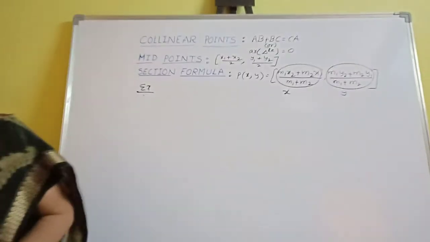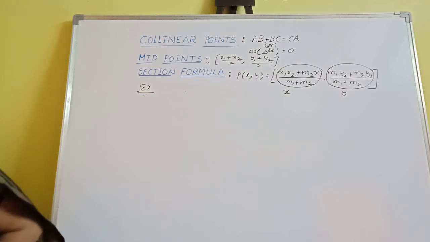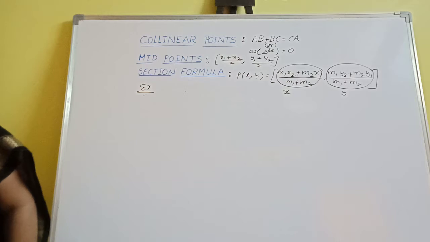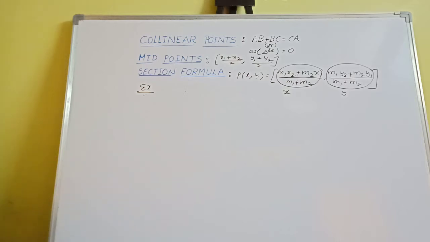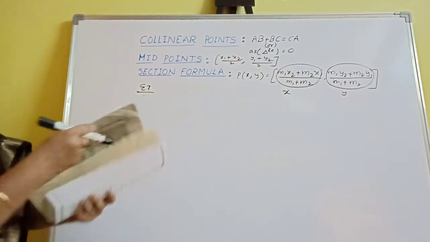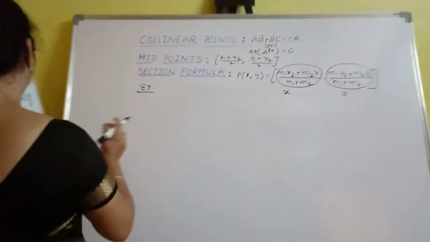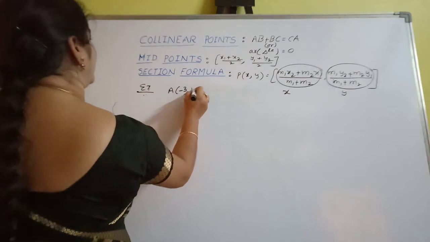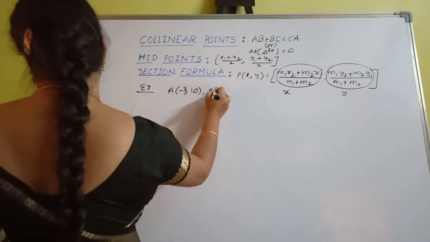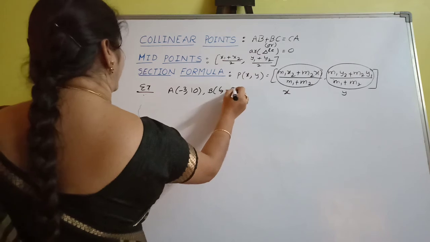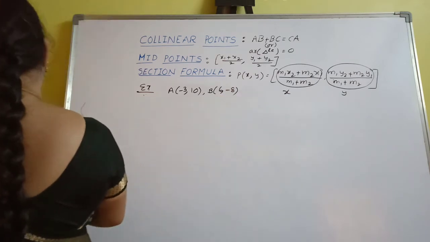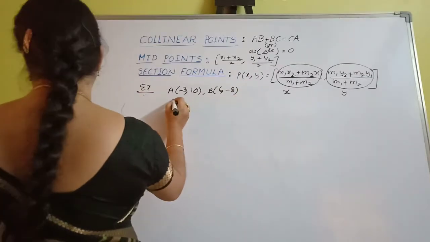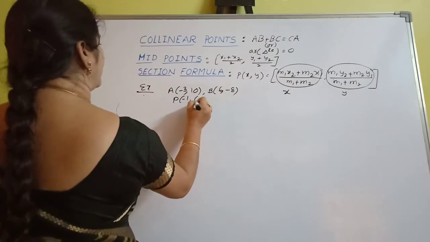Suppose, find the ratio in which the line segment joining the points A(-3, 10) and B(6, -8) is divided by P(-1, 6).